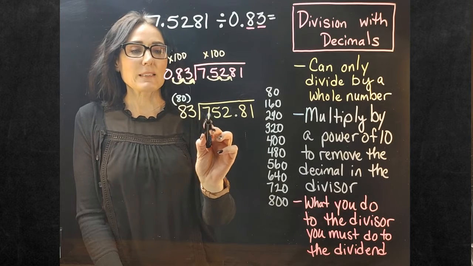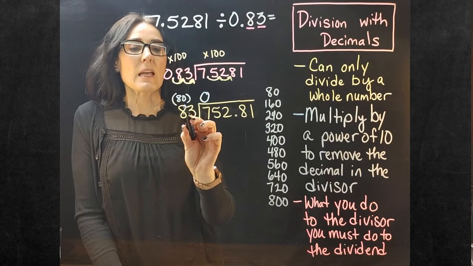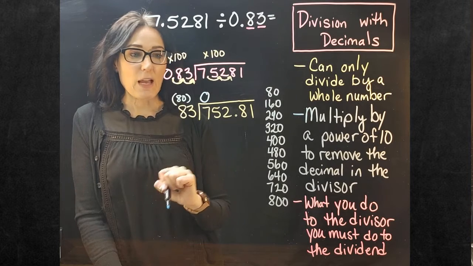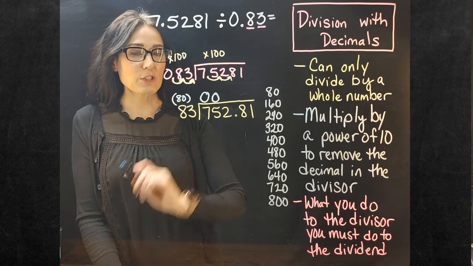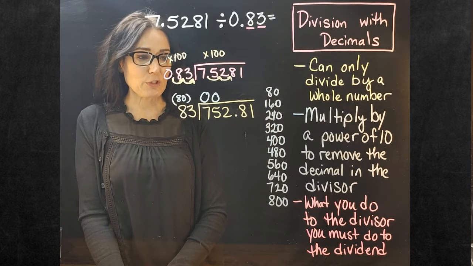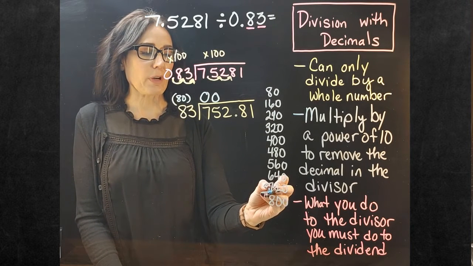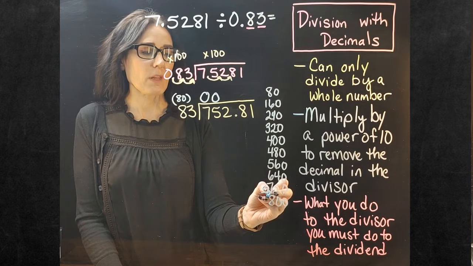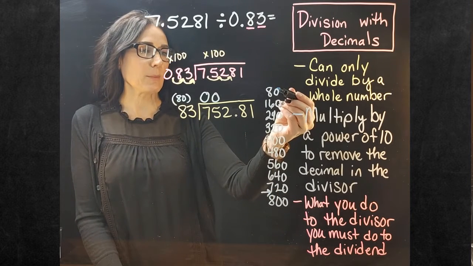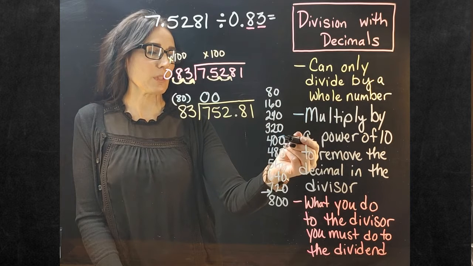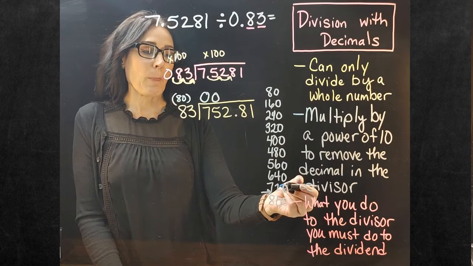So 83 does not go into 7, so I'm going to say it goes 0 times. 83 does not go into 75, it's too small, so 0 times. Now 83 is going to go into 752. This just helps me know about how many times. So we'd say times 1, times 2, times 3, times 4, times 5, times 6, times 7, times 8, times 9.